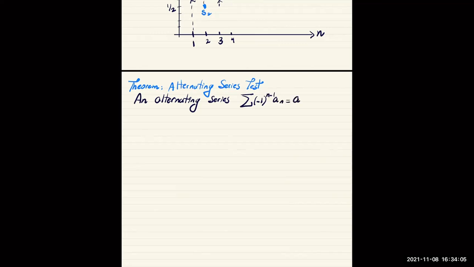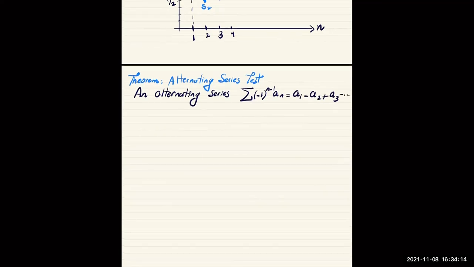So this is a1 minus a2 plus a3 and so on. Okay, the theorem says that this thing converges if two requirements are met, if two things are true.